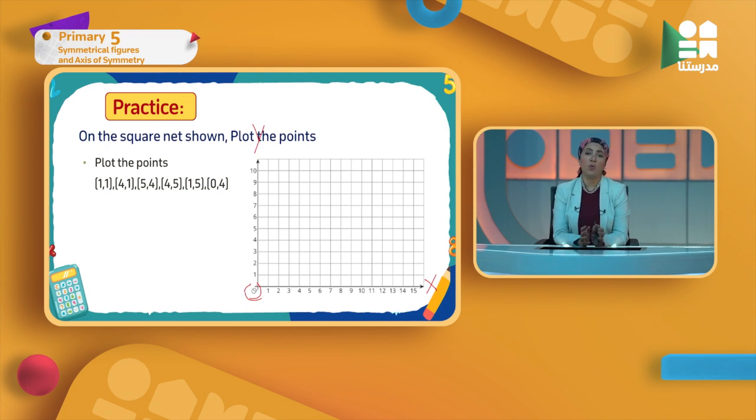And these are called the coordinates of my point. So here the first one is 1 and 1. This means that I will move 1 unit on the x-axis and 1 unit on the y-axis.